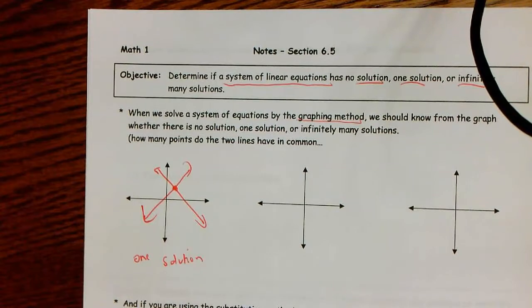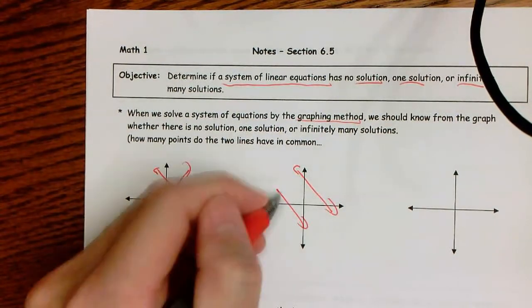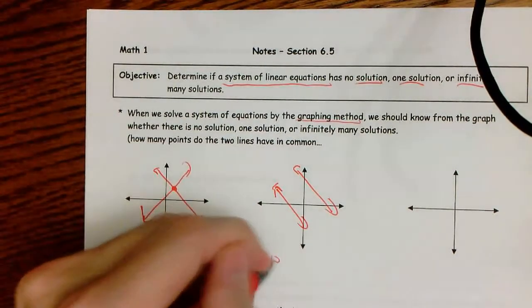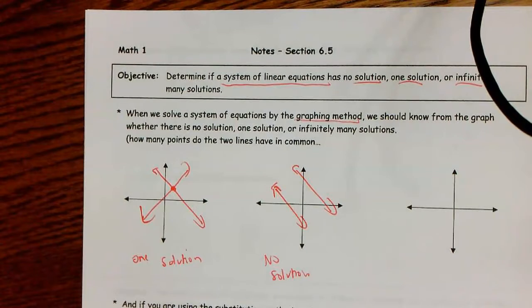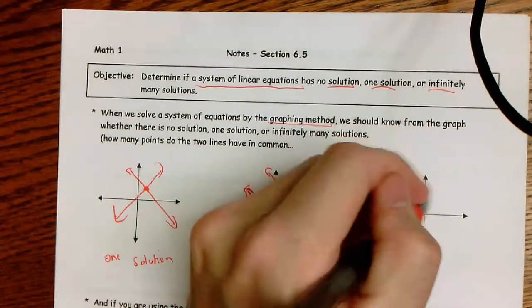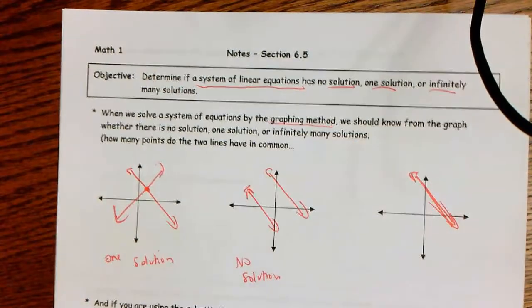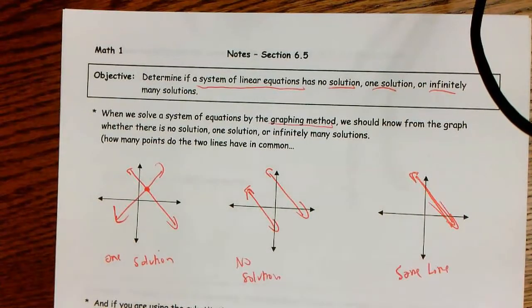We already knew that. If you graph your two lines and they are parallel to each other, that tells you that there is no solution to that system. And the last one that's a little bit confusing is you graph the two lines and they turn out to be the same line, one right on top of the other.